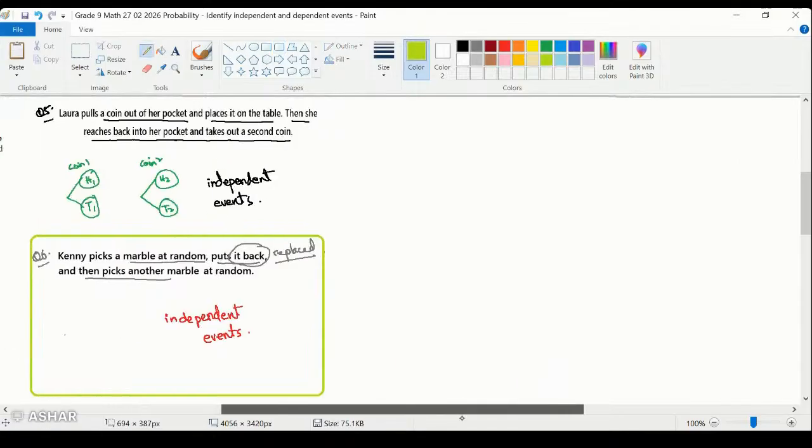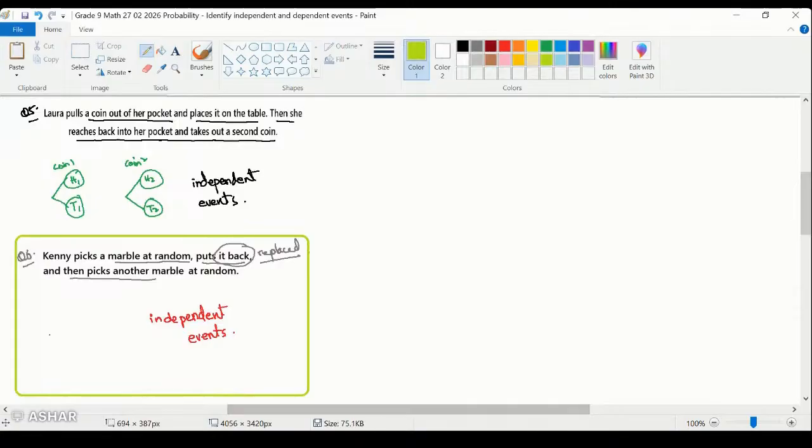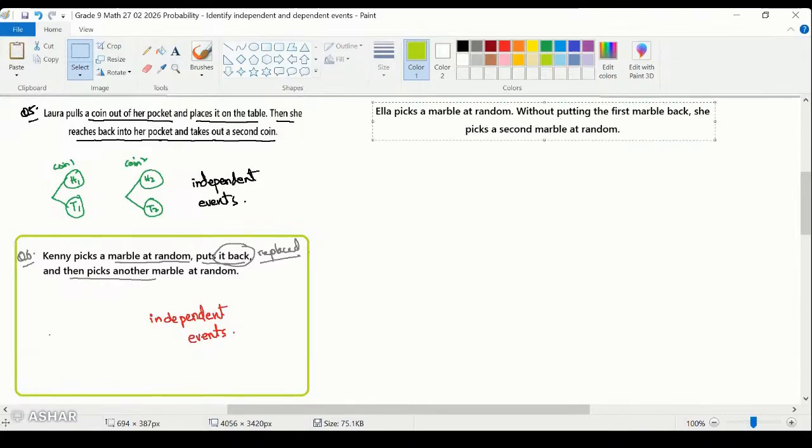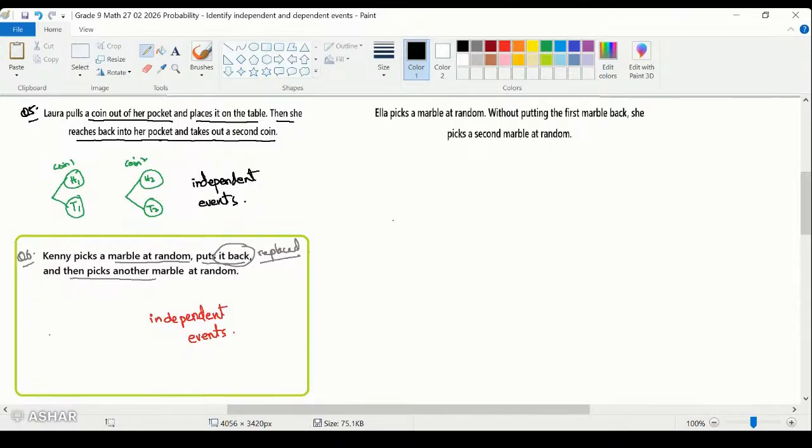Okay, let's look at question number 7. The question says Ella picks a marble at random without replacing. She picks up a second marble. This is without replacement. Question number 7.